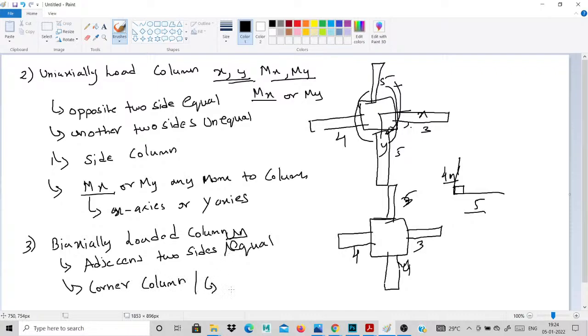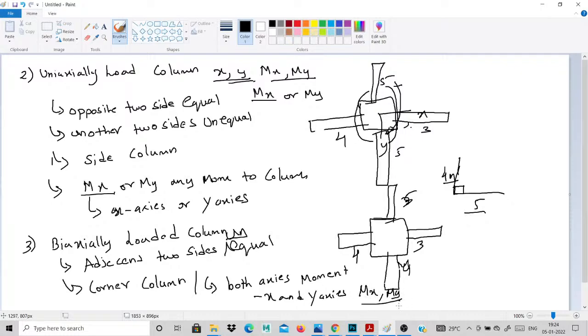This column will have moment on both axes. Both axes will come under moment on this biaxial loaded column, for x and y axis, mentioned as Mx and My. Now it's clear.